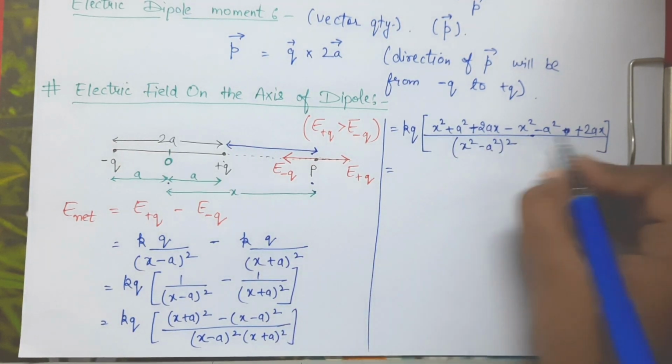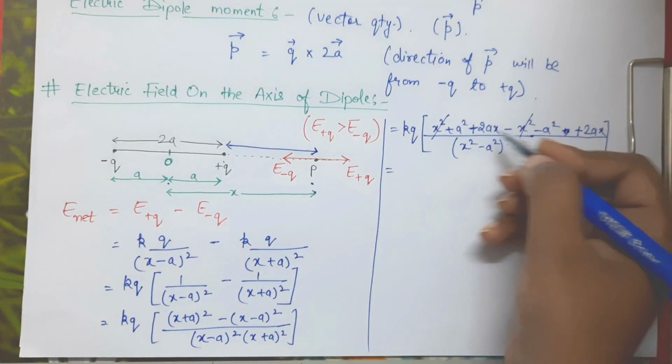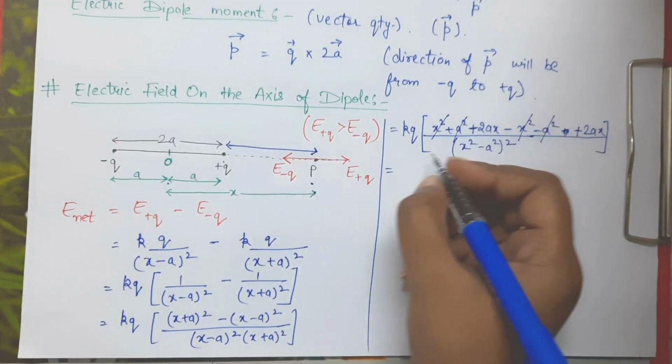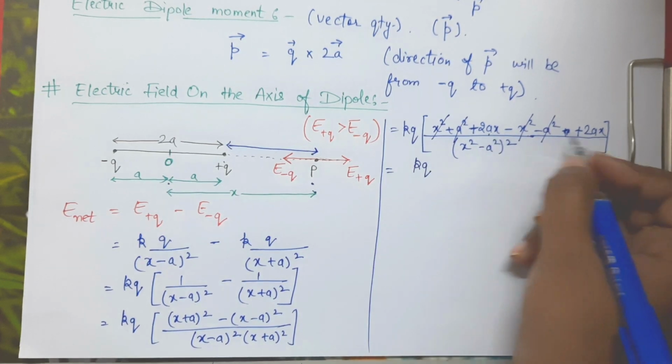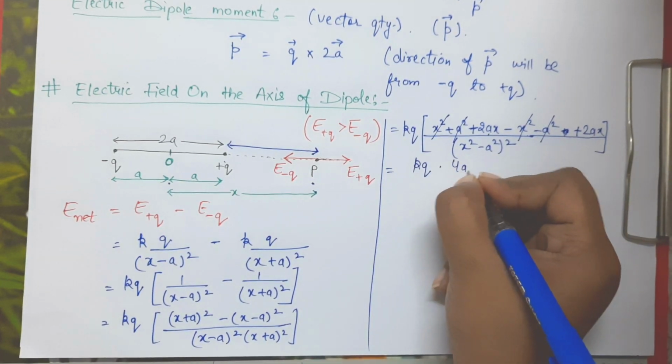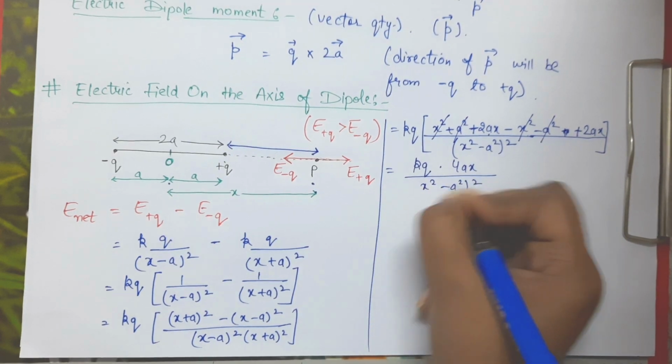Using these formulas we have got this part, right? So now this will cancel out with this one and this will cancel out with this one. We were left with kq 2ax plus 2ax, that is 4ax divided by x square minus a square whole square.